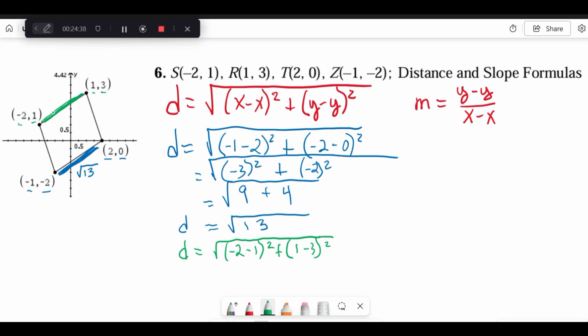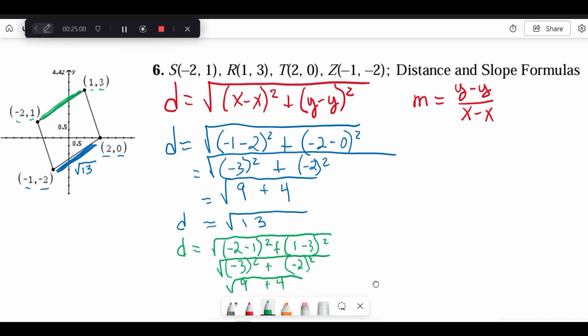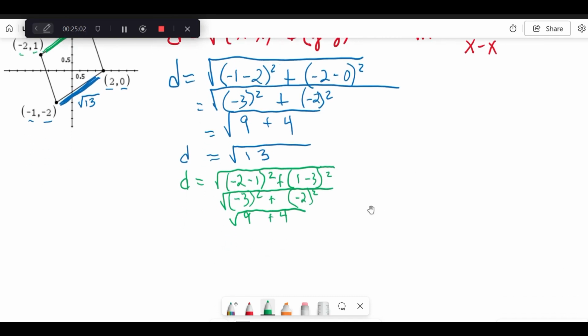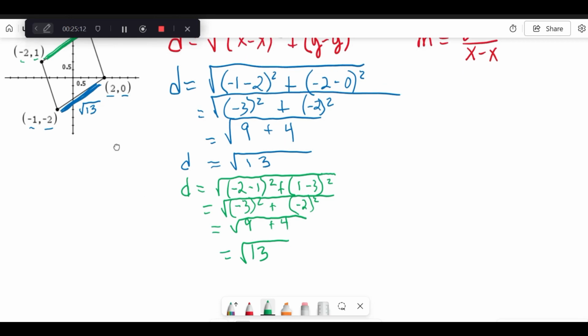So -2 take away 1 is -3, and if I square that, I get 9. 1 minus 3 is negative 2. And if I square that, I get 4. Of course, all of this is the square root. We still have the square root sign there. If I add 9 and 4 together, I get 13 again. So the distance here is equal to root 13.